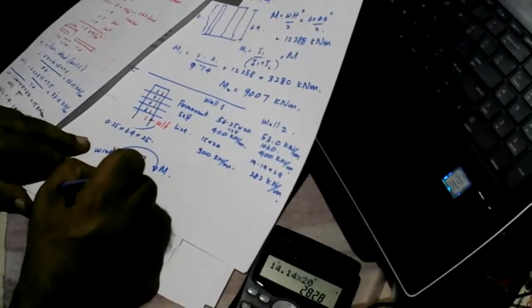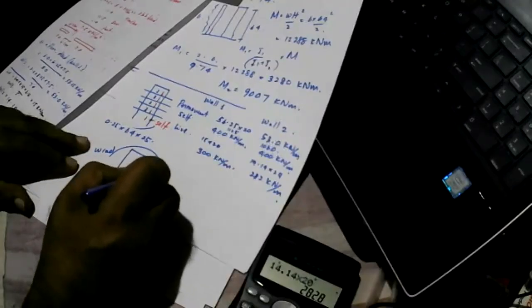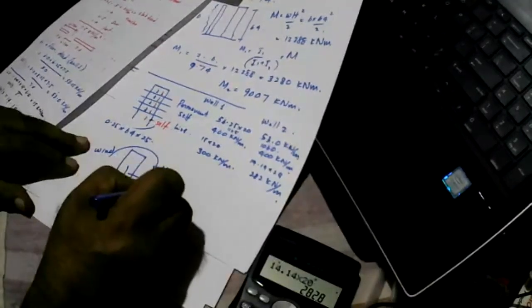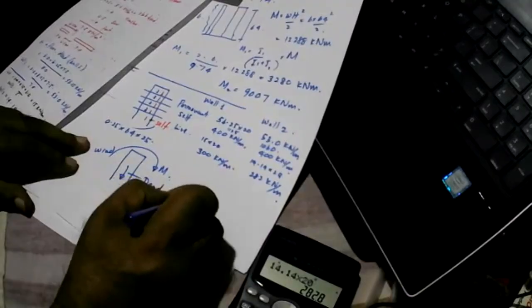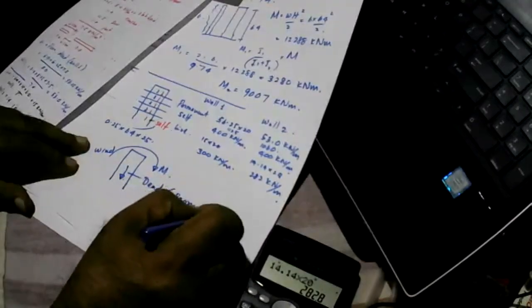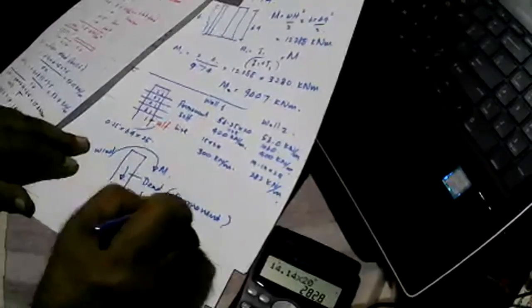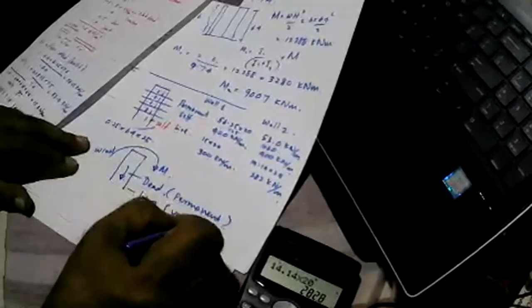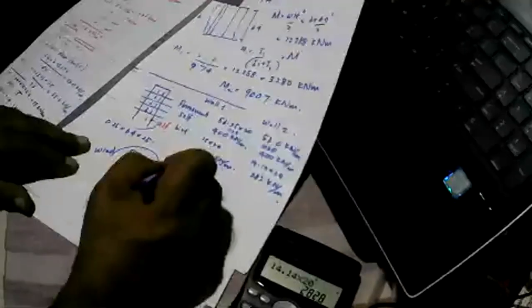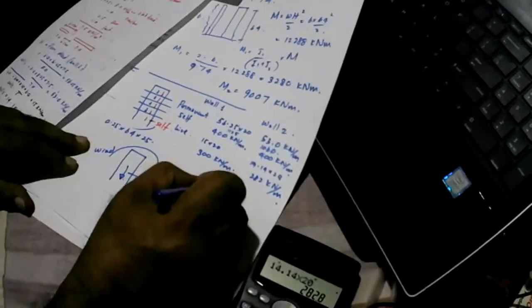We have the axial load, dead, that is permanent, and then we have live, variable, and this is also variable load.